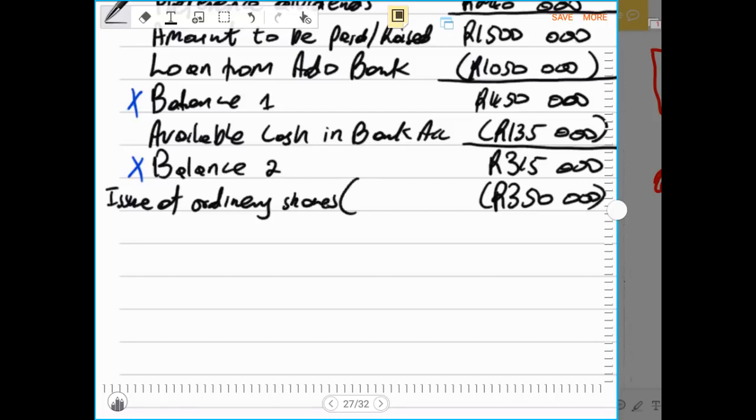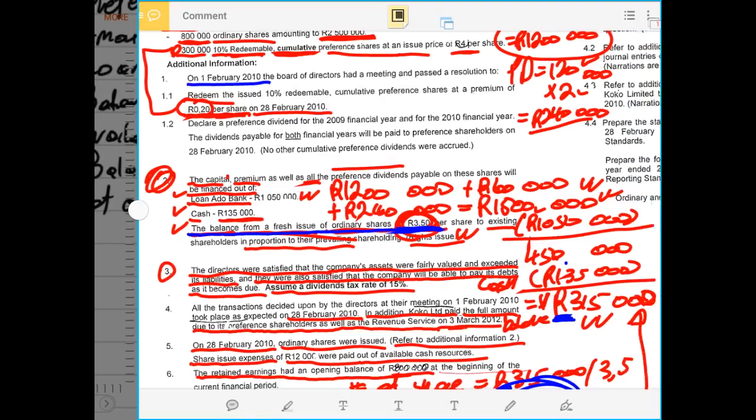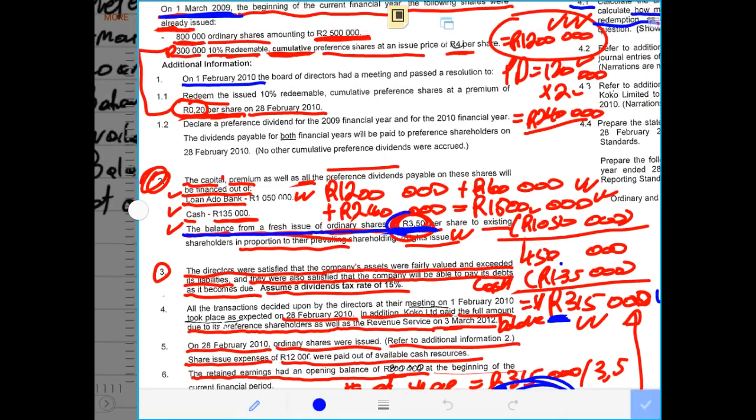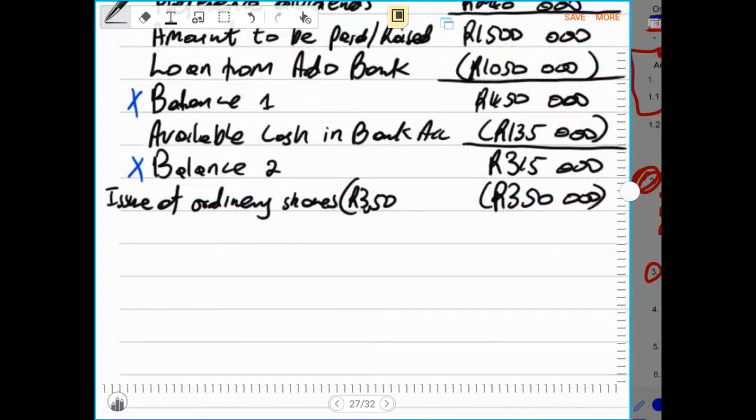Now in this case we know the price, that is 3 rand 50 cents, because they told us that the shares must be issued at the price of 3 rand 50 cents. 3 rand 50 is the price at which these shares are to be issued.